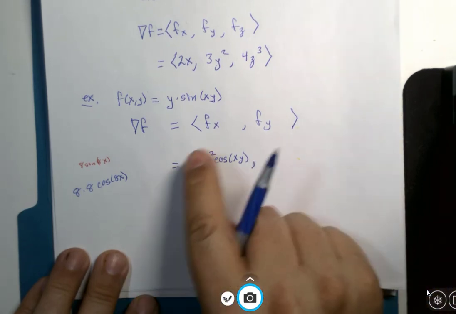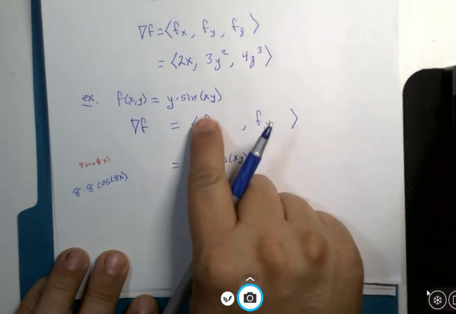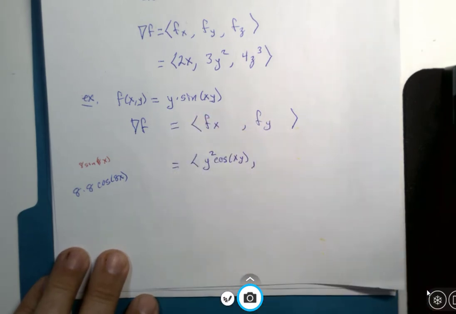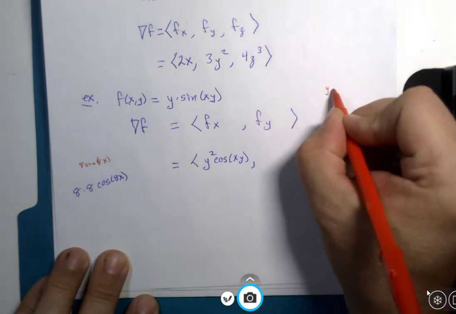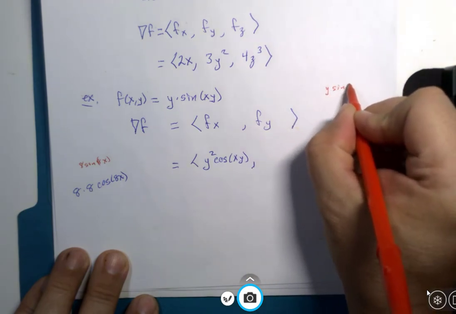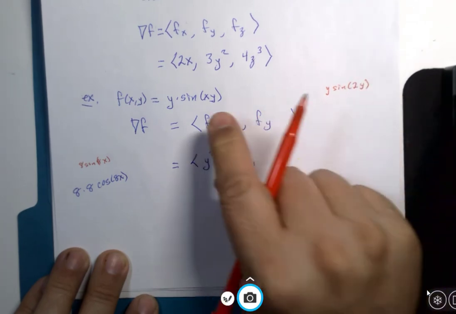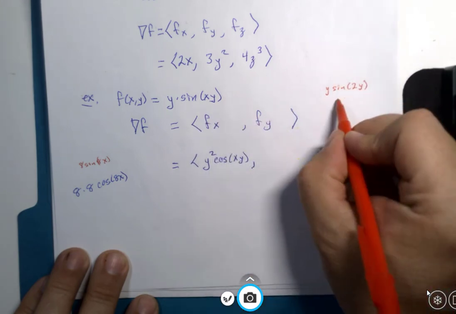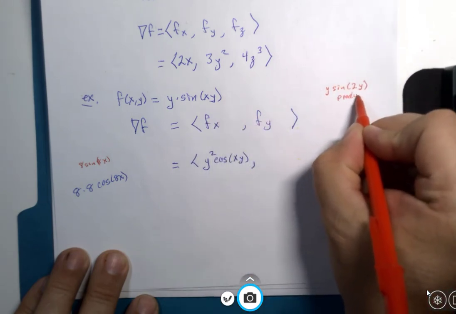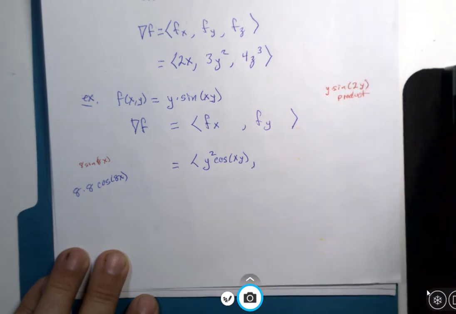Comma, second component. Uh-oh, now y is the variable. So this problem, maybe I should think of it as y sine 2y. So x is now my constant. There is a product here, a multiplication of two functions of y.